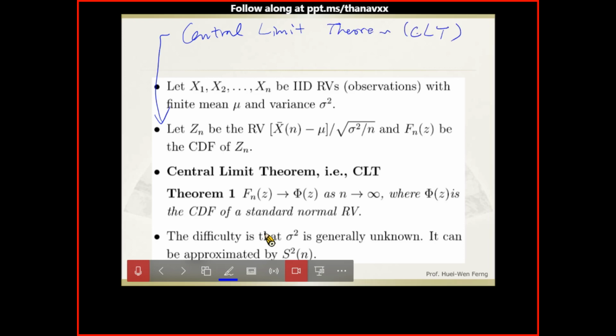So central limit theorem, in fact, we just care about the mean.